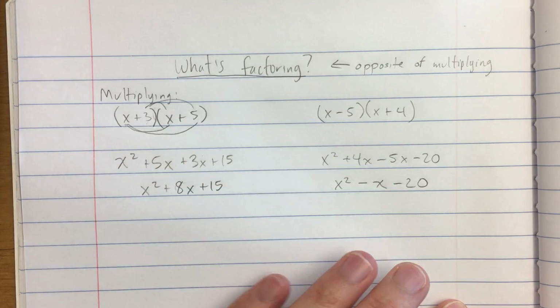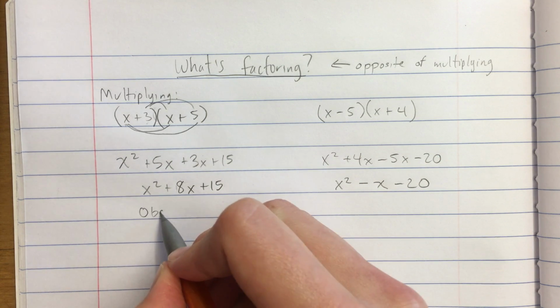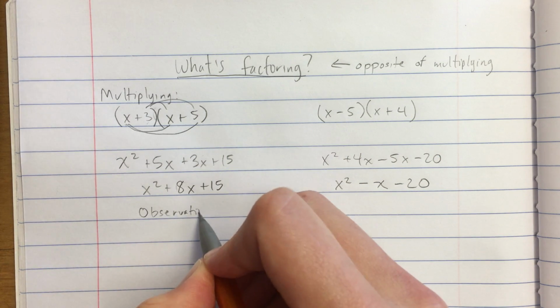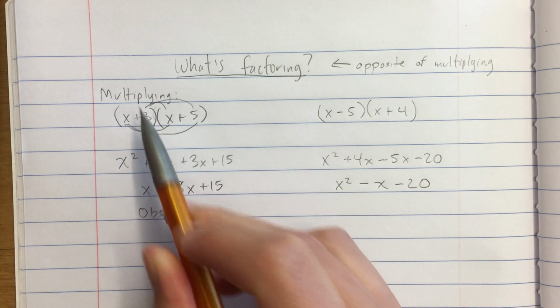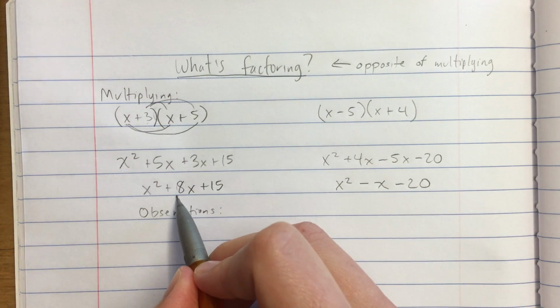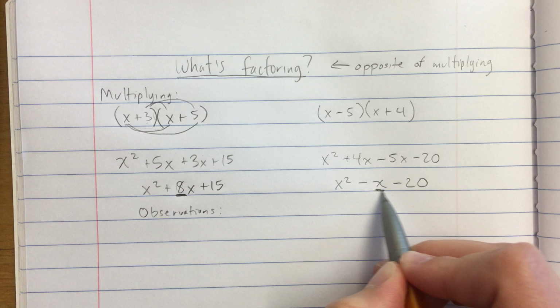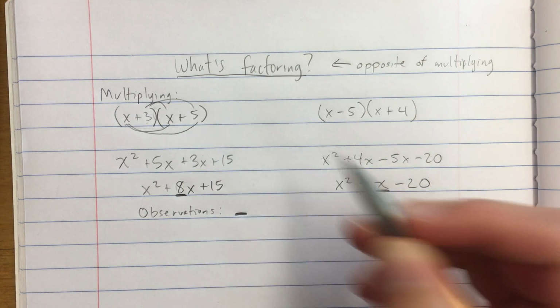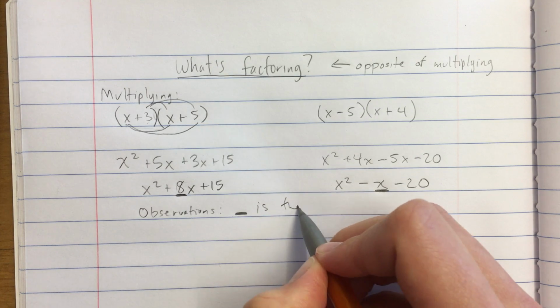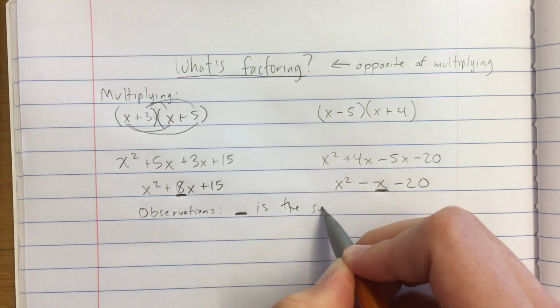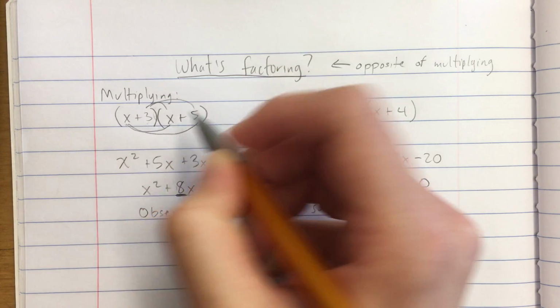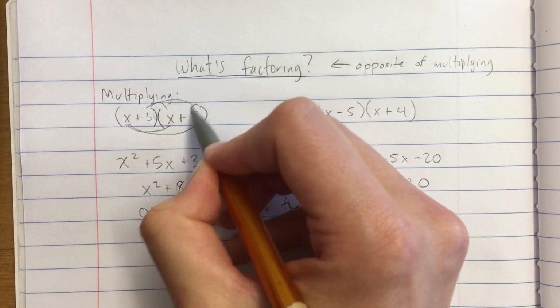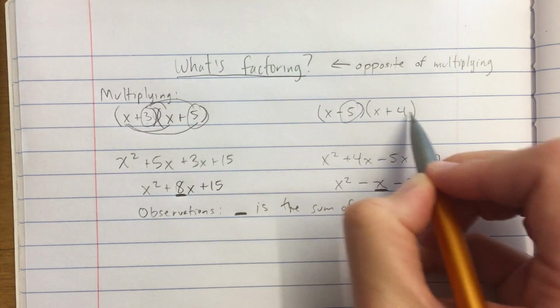And what you notice is that in both of these multiplying problems, this single underline number is the sum of, we'll call these the circled numbers.